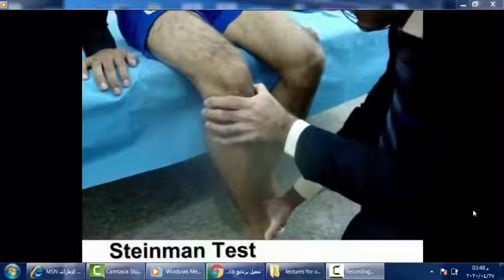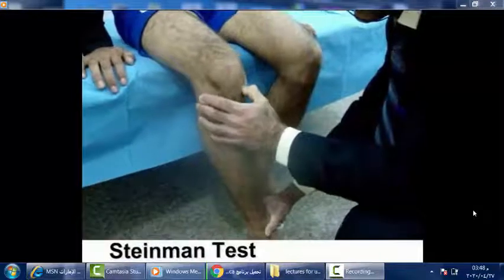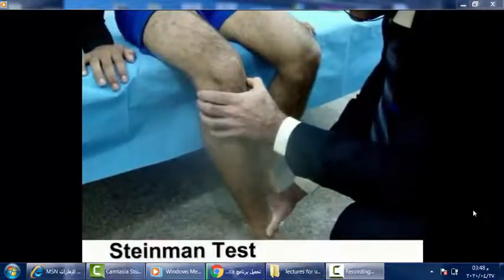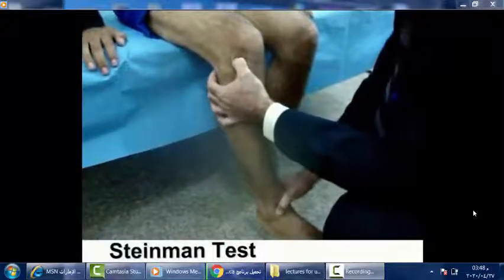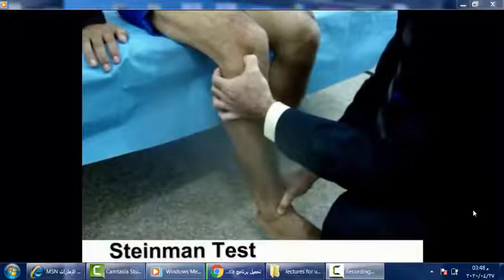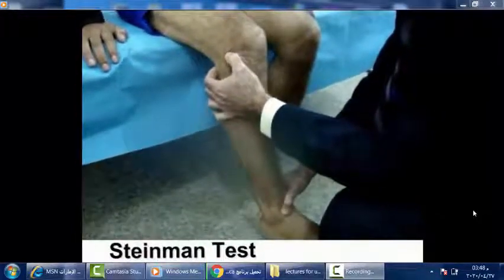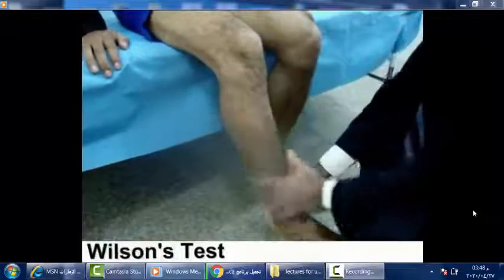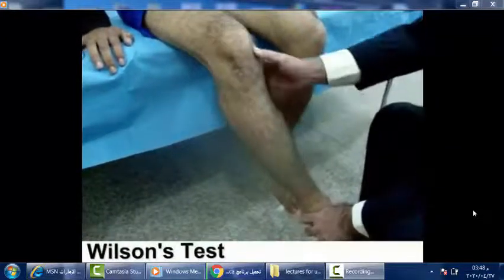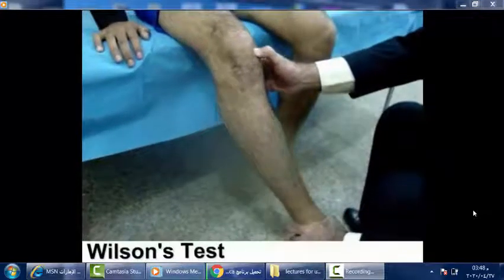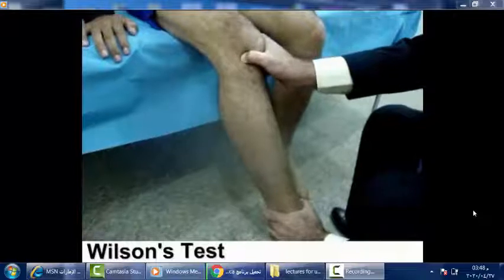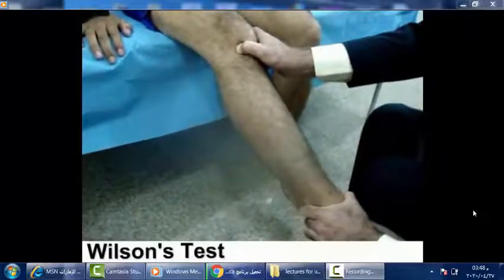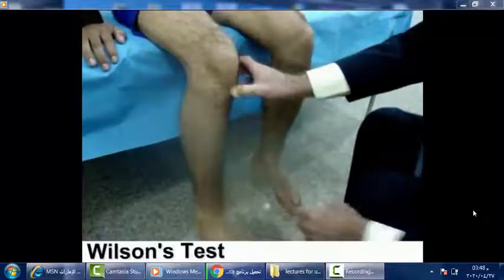The second test is the Steinman test, to palpate for medial joint line tenderness or a medial meniscal tear where the leg is externally rotated, and palpating the lateral joint line from anterior to posterior for any tenderness in case of lateral meniscal injury. The third is the Wilson test, deep palpation on the area of osteochondral defect with compression by having extension, and the second with compressing by the thumb laterally and extending the leg completely.